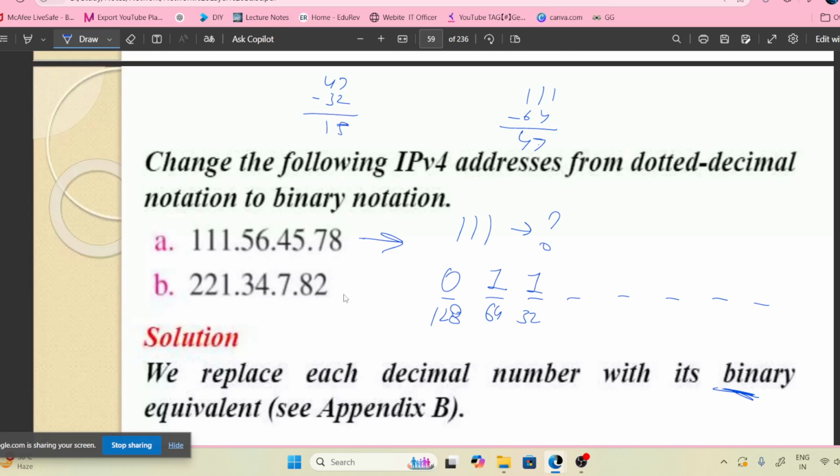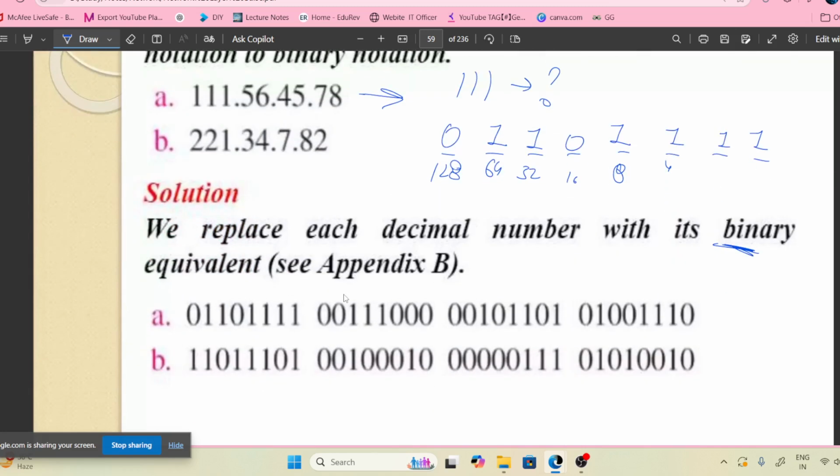Then 16, I cannot take. The number 8, yes, I can take, so 15 minus 8 gives 7. Now I need to make 7, so I take 4, 2 and 1. This is how I can write it, and the number is expanded like this.